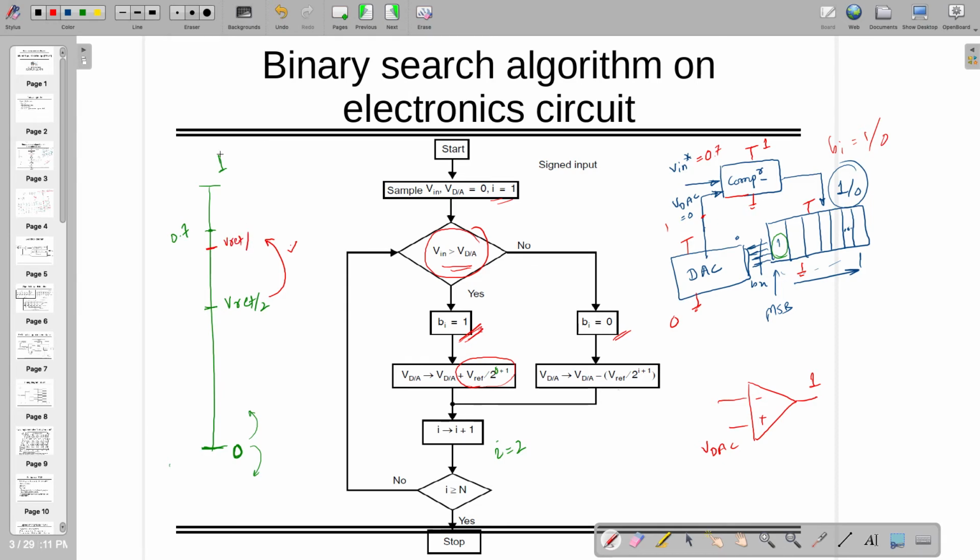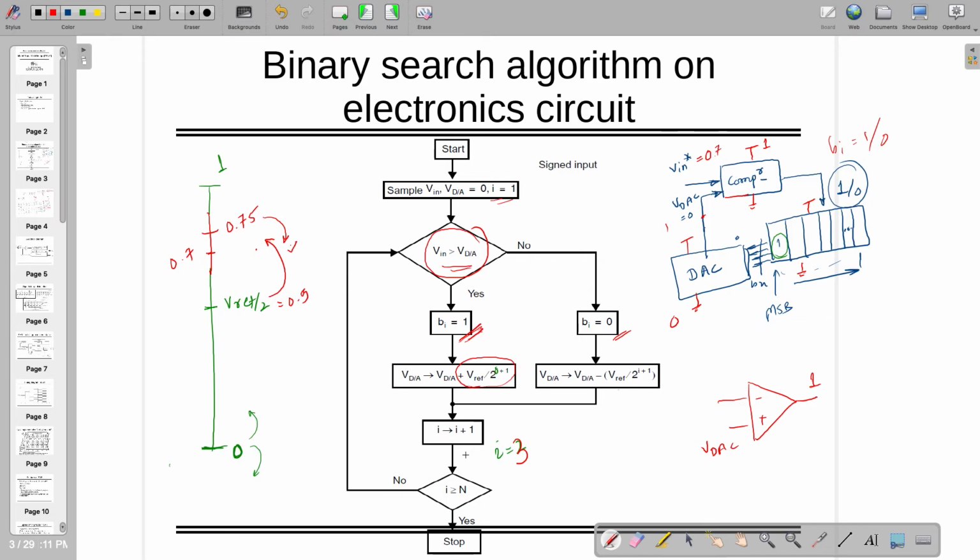Now as I have to go up, I'll add Vref by 2 more, so it will be something like 3 Vref by 4, right? So 3 Vref by 4, this was 0.5, and this is 0.75. Your input is here at 0.7, right? So now at iteration 3, when you are coming here, it's 0, so you have to be here.